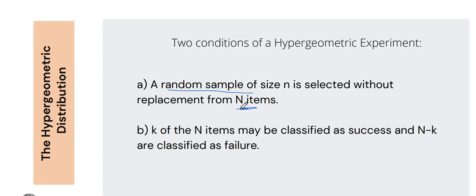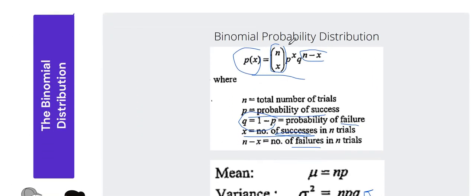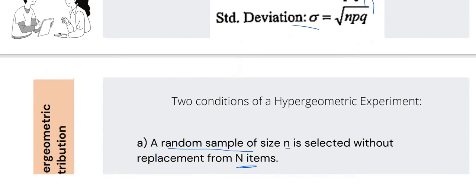The random sample of size small n represents a small group, for example FKP. So the capital N represents UTEM, the whole set of items, and small n is a small group, which is for example the faculty FKP. You can see the difference between N, small n and big N. For the binomial we have only N. So that's the difference between binomial and hypergeometric.